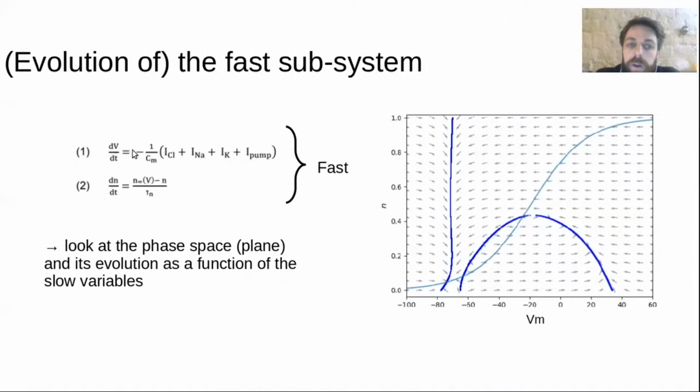We look at the derivative at each point, which gives us the flow, and we look for when each equation equals 0, and then we obtain the null lines here. The dark blue is the V null line, and the light blue is the N null line. And where the null lines cross, we have a fixed point. And so here we have 3 fixed points.